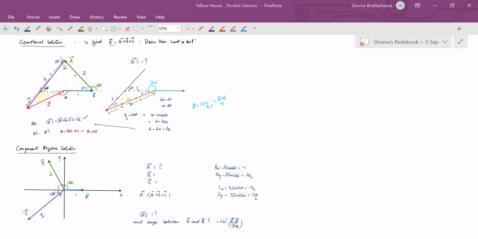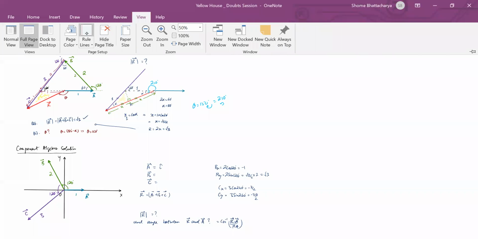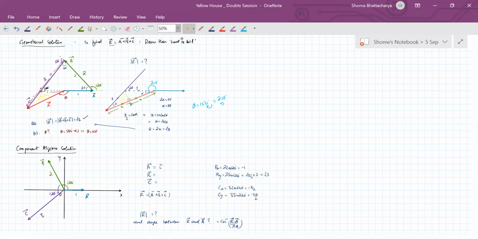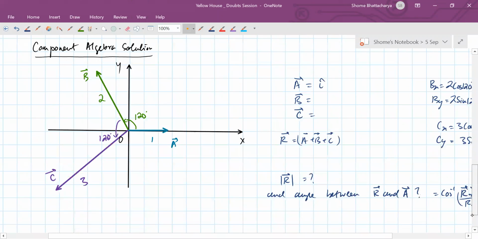Yeah, that's correct. That is into 2 here. So this becomes root 3. Correct. Okay. So anyway, you should be getting the same solution once you incorporate these components here.